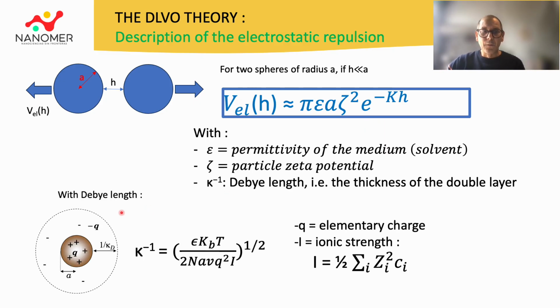So the inverse of k is the Debye length, defined as the thickness of the double ionic layer surrounding the particles. This Debye length is determined by the equation here in relation with the temperature, the value of the elementary charge, and the ionic strength of the media.